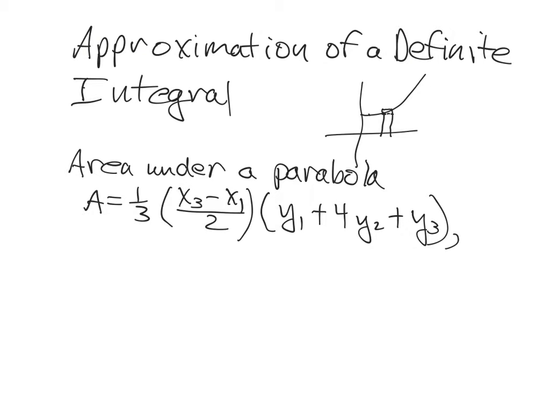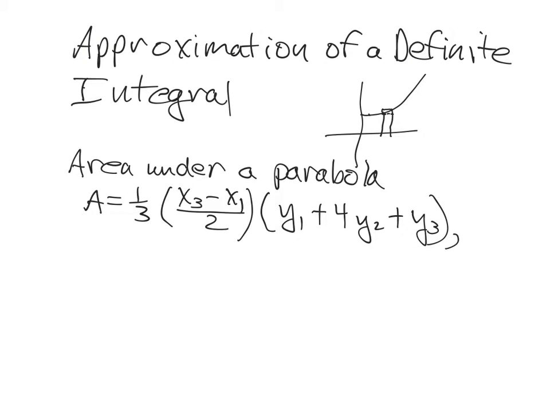Now the y values, y1, y2, y3, those are the function values that go along with x1, x2, and x3. And we have not defined here what the x's represent.